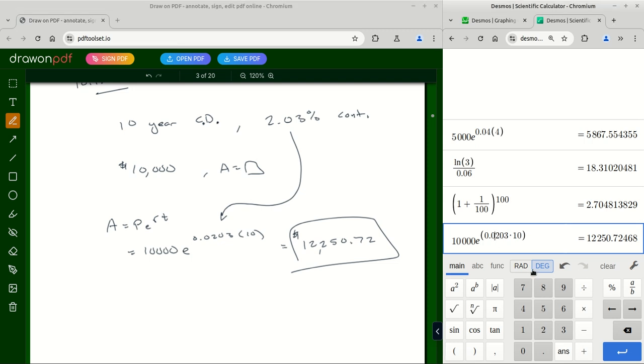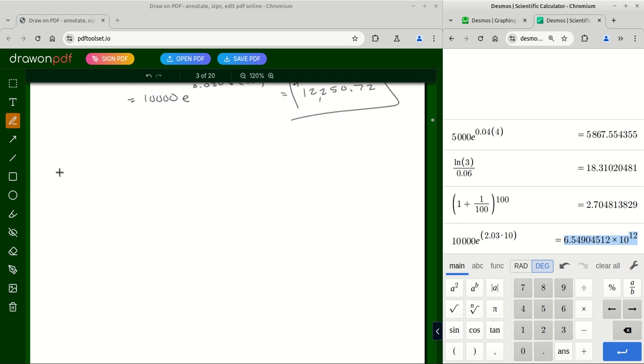If you were to change this, and let me just put in the wrong answer here in Desmos, you started with 10,000, and 10 years later, you're a quadruple billionaire. That doesn't make any sense. So be rational about it. That's what we're doing here. The math people sometimes lose that, but you guys shouldn't. Just for your own sake.